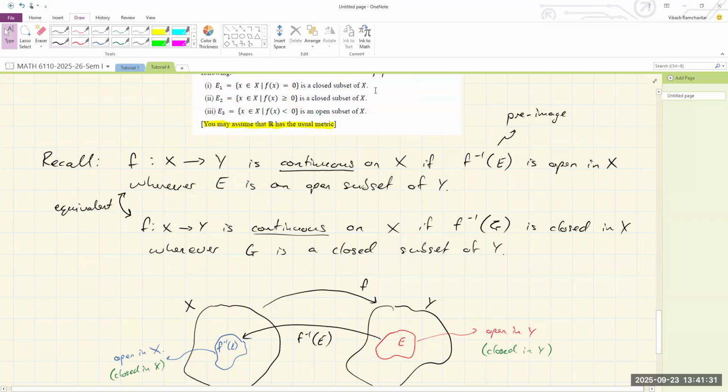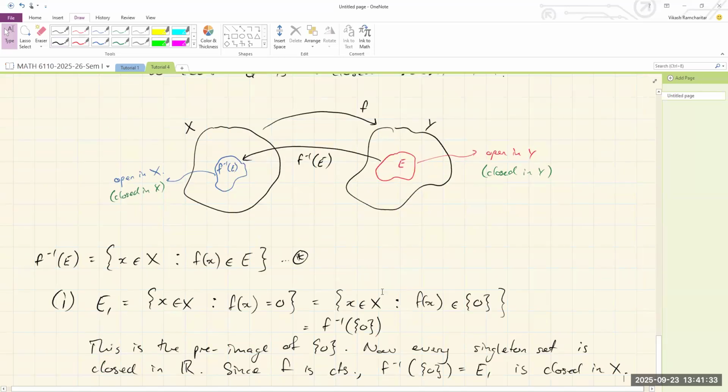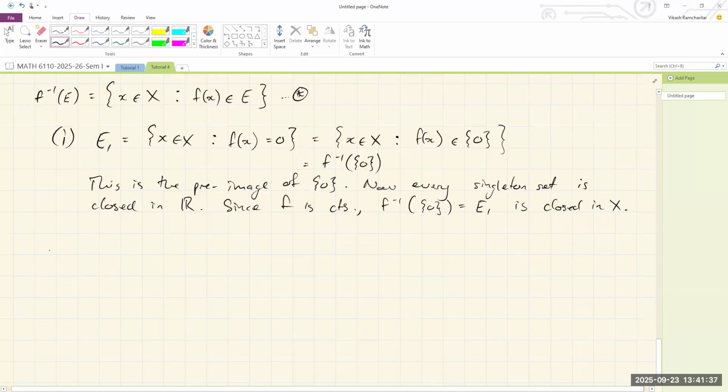E1 is a closed subset of X. Now for E2 and E3, it's a similar thing we're going to be doing. So E2, we are given as the set of elements in the domain X such that f of x is bigger than or equal to 0.